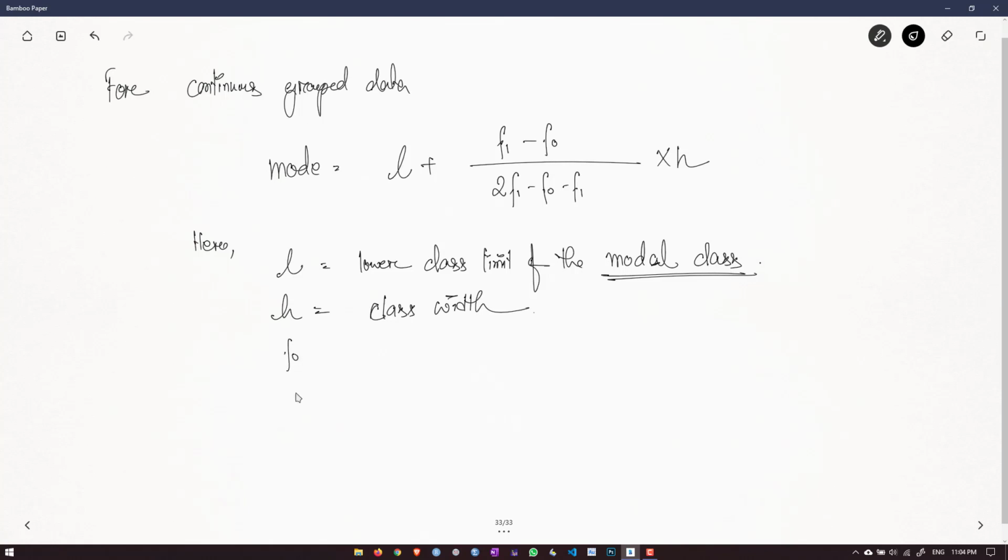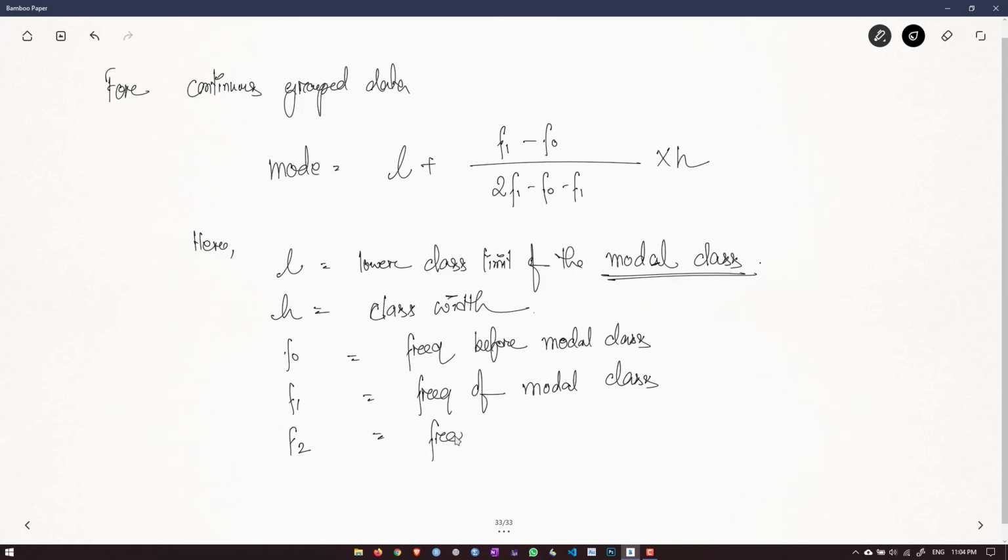Now we need to find out what is f0, f1, f2. f0 is the frequency before the modal class. f1 is the frequency of the modal class, right?